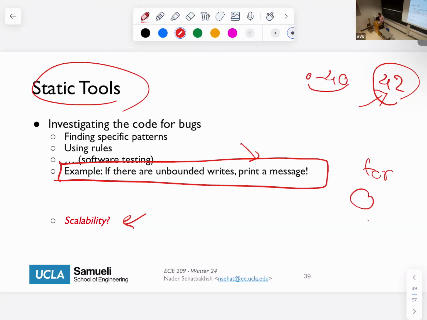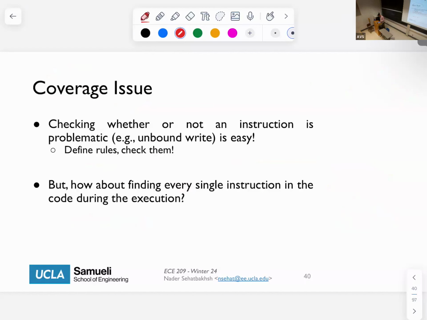It has a back edge that goes back to earlier stages, and then you can easily get into a loop of many different possibilities. So it has this important issue, which we call scalability: how can we get good coverage of the entire program without running into scalability issues?